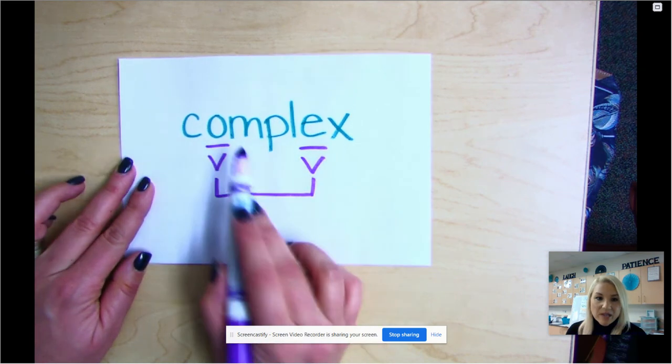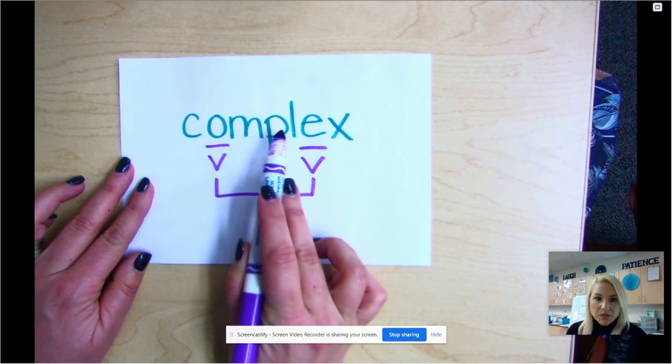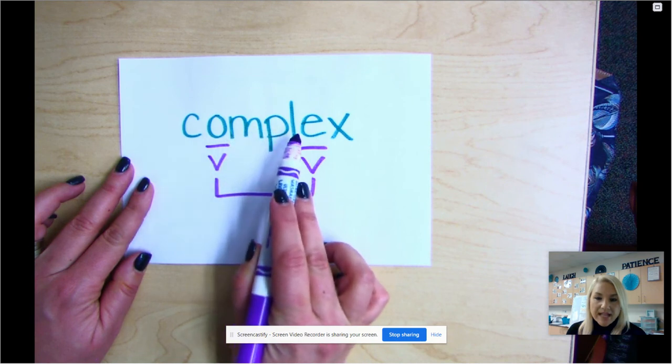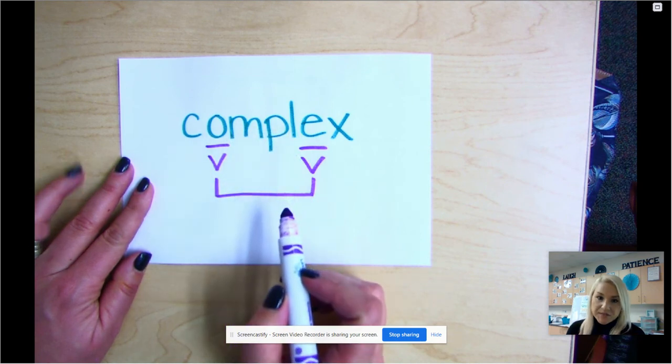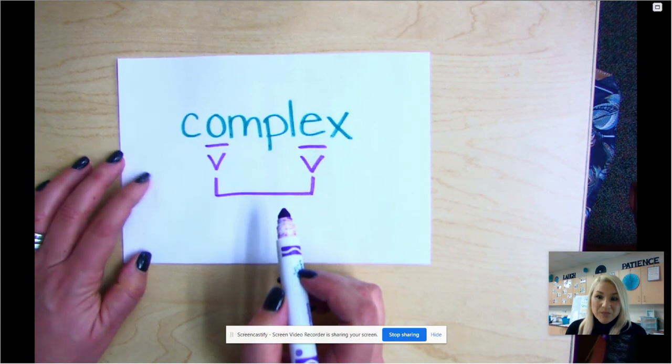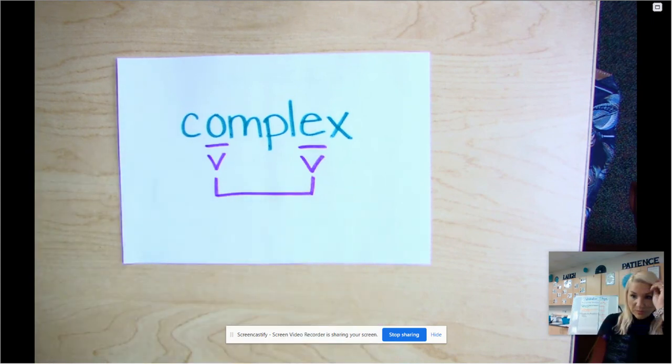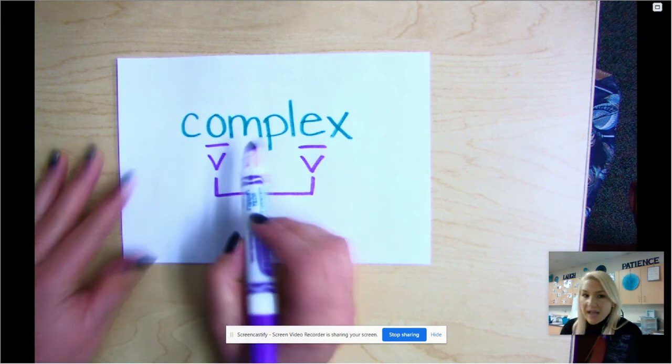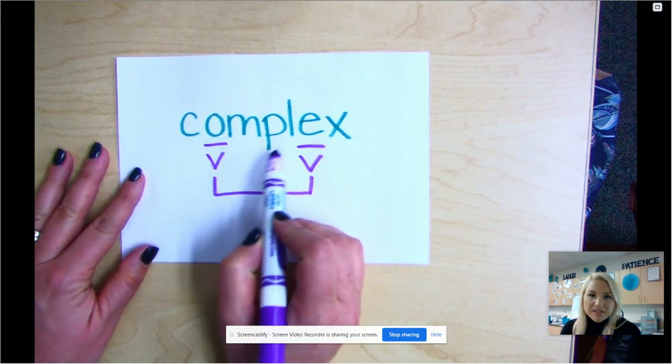Well, I see 1, 2, 3 consonants, which means I have to do something that's called a scooping group, because I want to get the VCCC pattern into a VCCV pattern. So I'm going to have to ask myself, what makes the most sense to scoop and group?